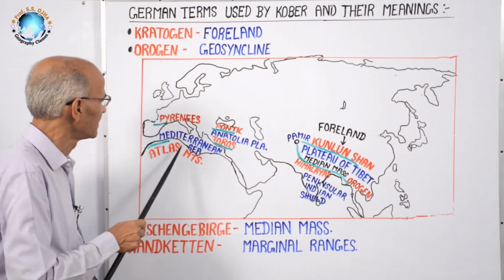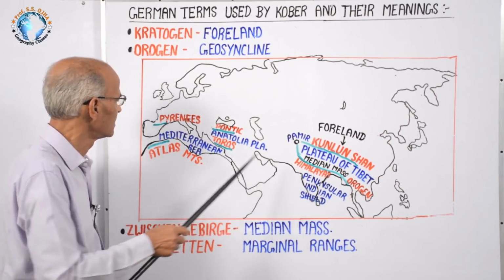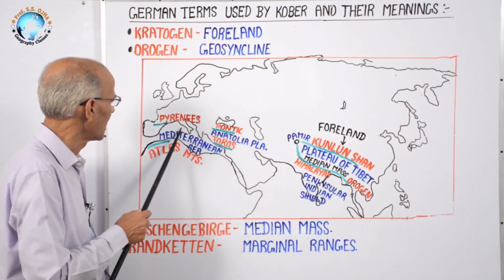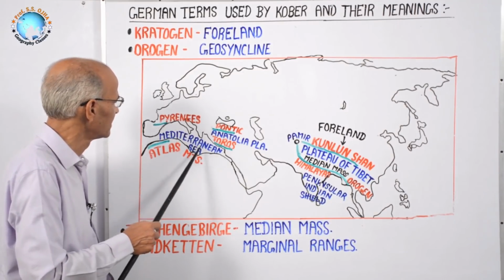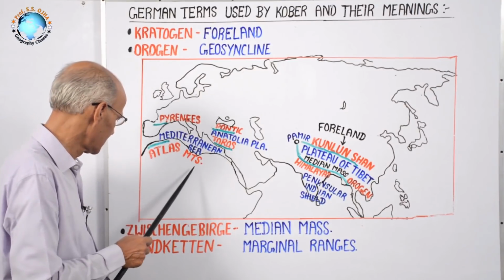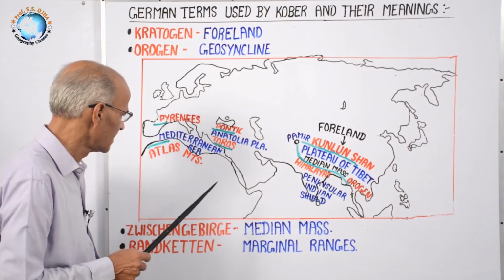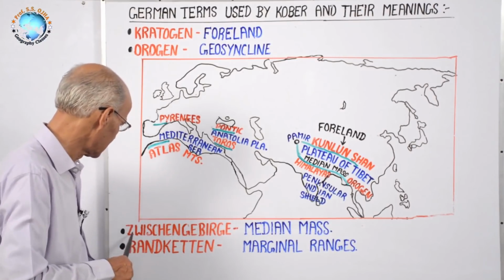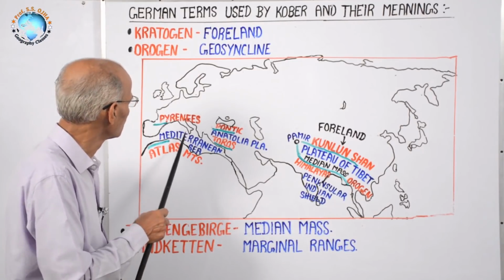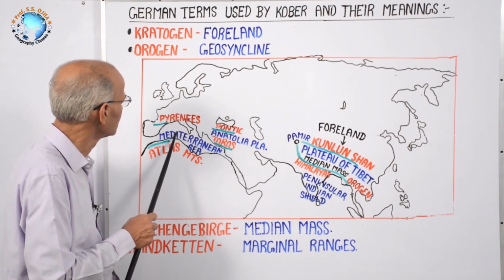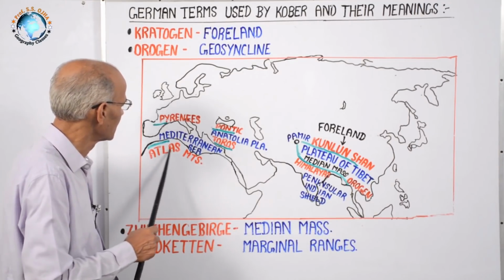So the Mediterranean is supposed to be a remnant of this Tethys geosyncline, but KOBER postulated that this Mediterranean Sea is a median mass. Median mass means, as we have discussed, Schwarzenberg in German. So the median mass has two sides, one Pyrenees mountain, second Atlas.